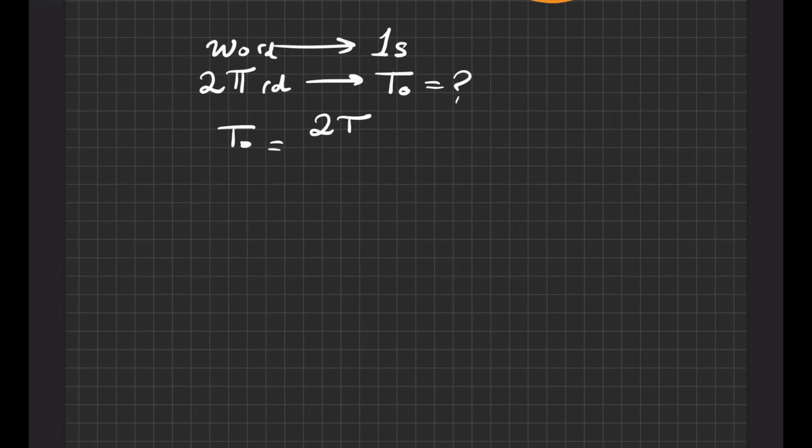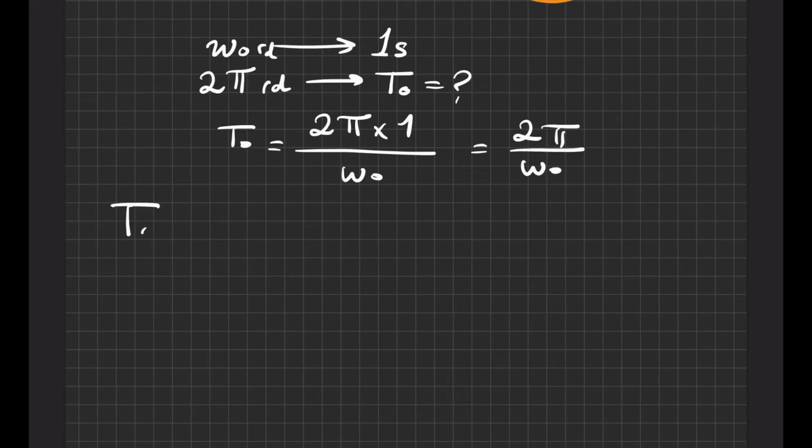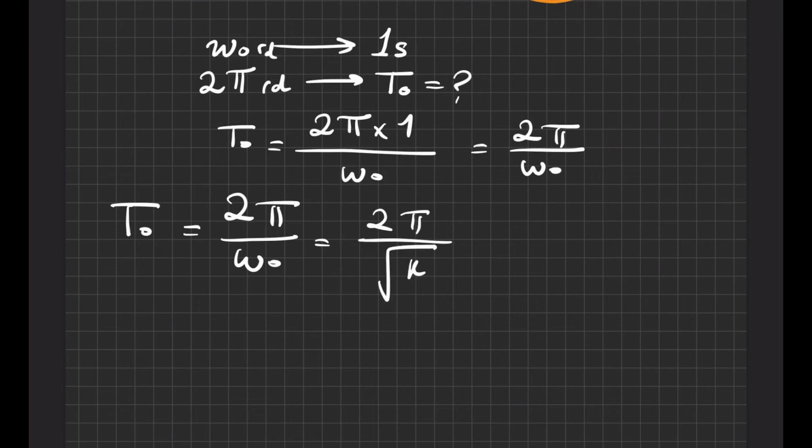T0 equals 2 pi times 1 over omega 0. So 2 pi over omega 0. T0 equals 2 pi over omega 0, and omega 0 is radical k over m. Then T0 equals 2 pi, and when it's just in the denominator, we just flip it.